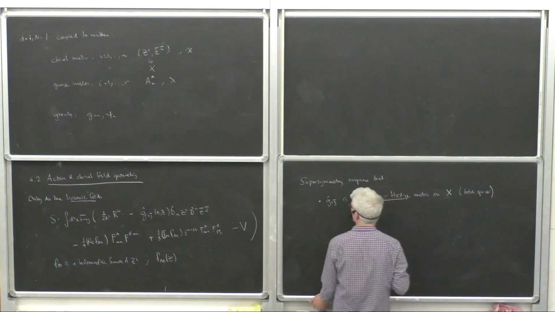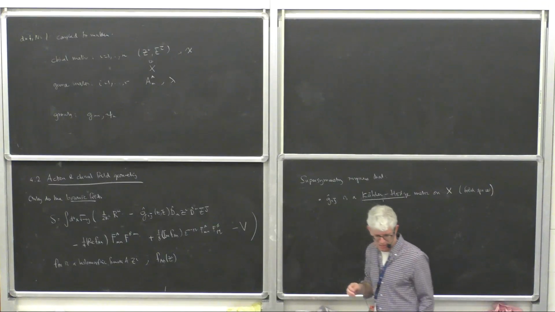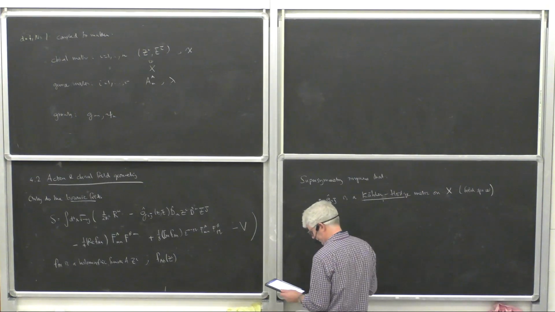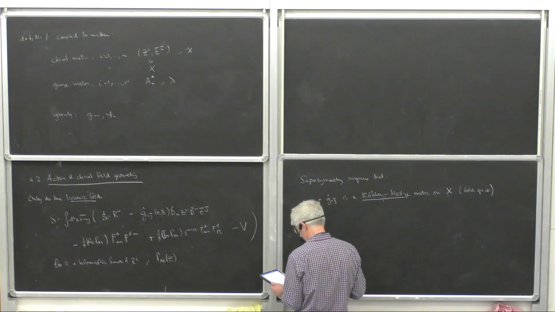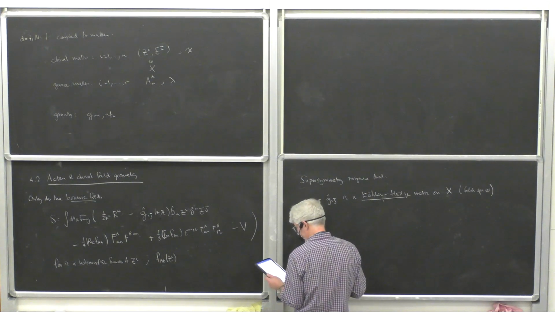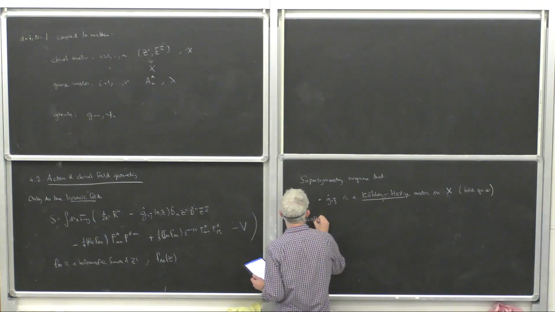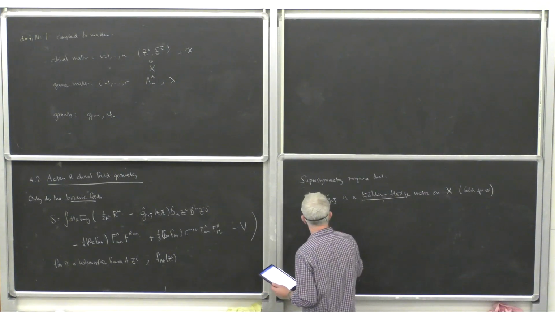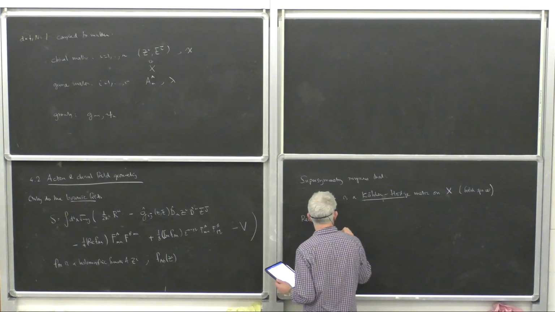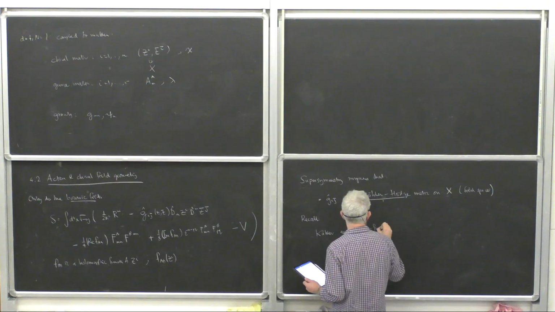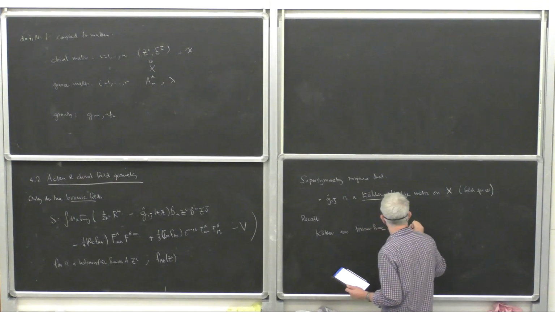So let me tell you what that means. Recall, Kähler corresponded to a torsion-free U(n) structure.